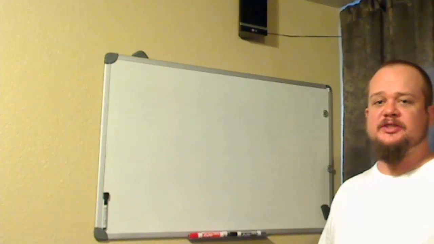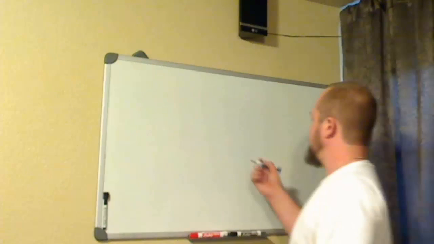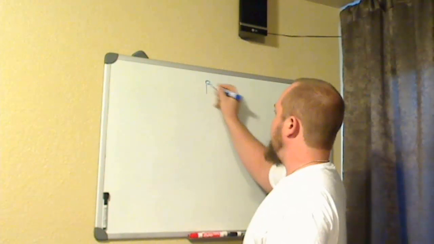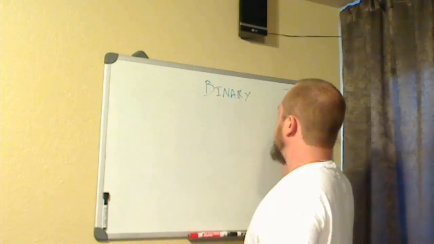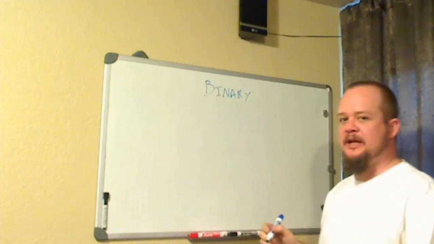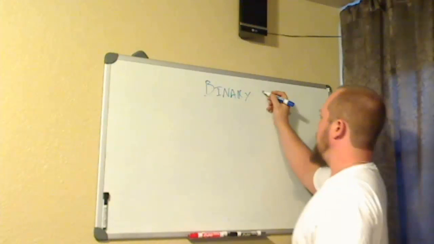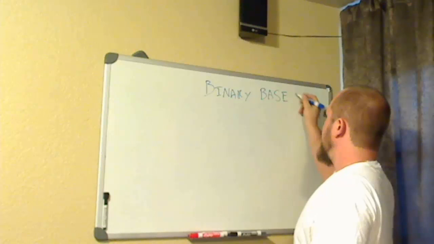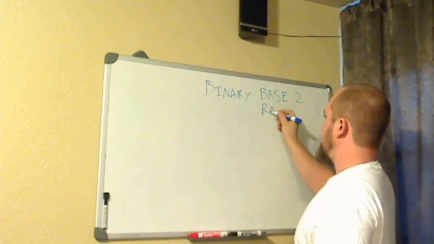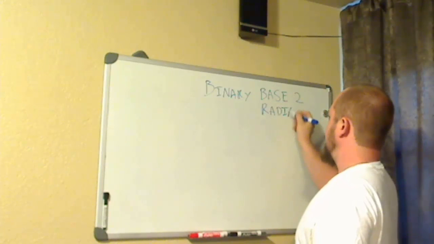Hi, now let's discuss binary. Binary means 2. Binary is a base or radix 2 number system. Base 2, radix 2.